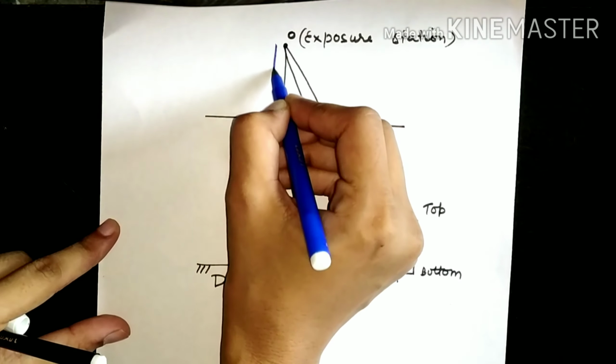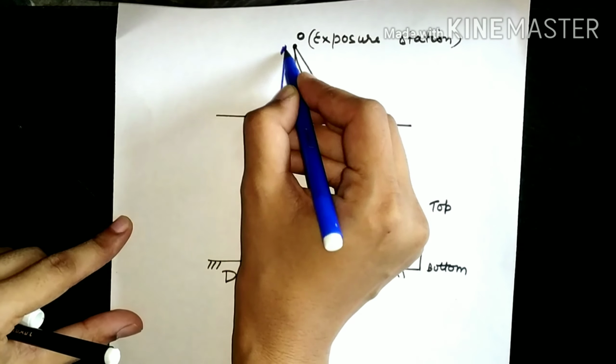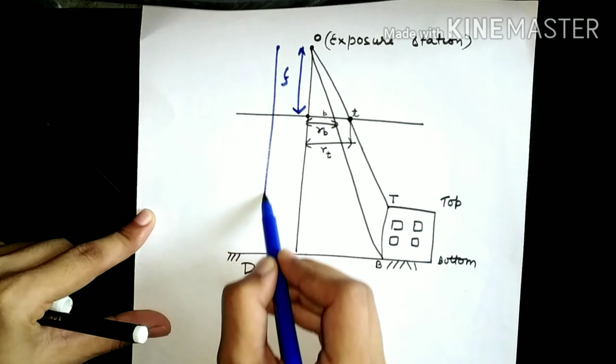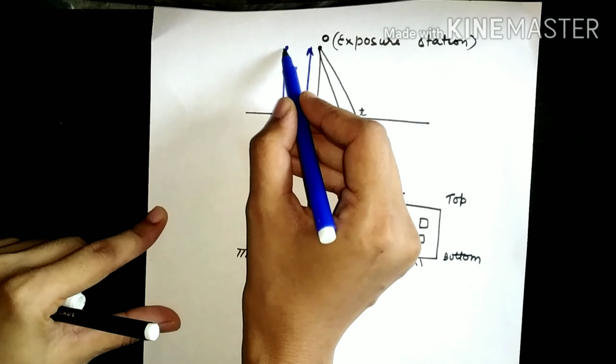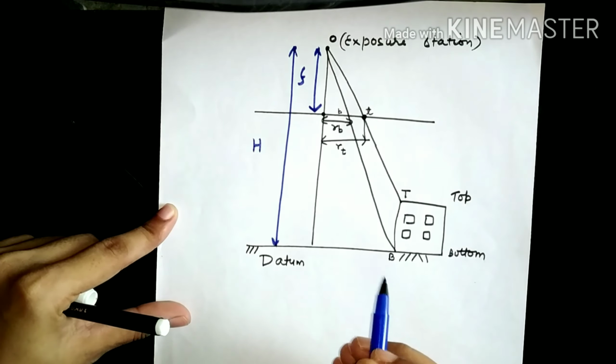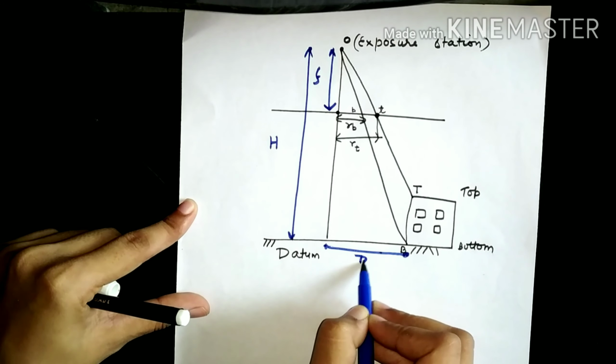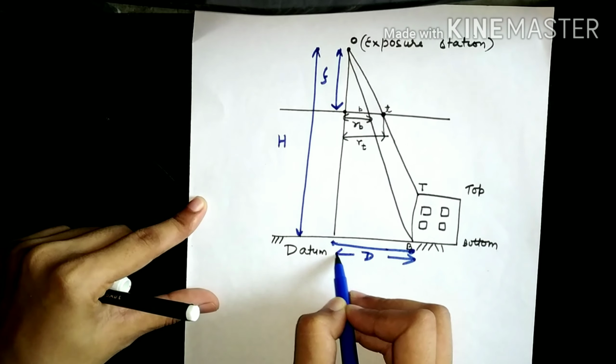The distance from O to the photograph plane is small f, the focal length, and the distance from this point to the datum is capital H, the flying height. From here to here, the distance is capital D.